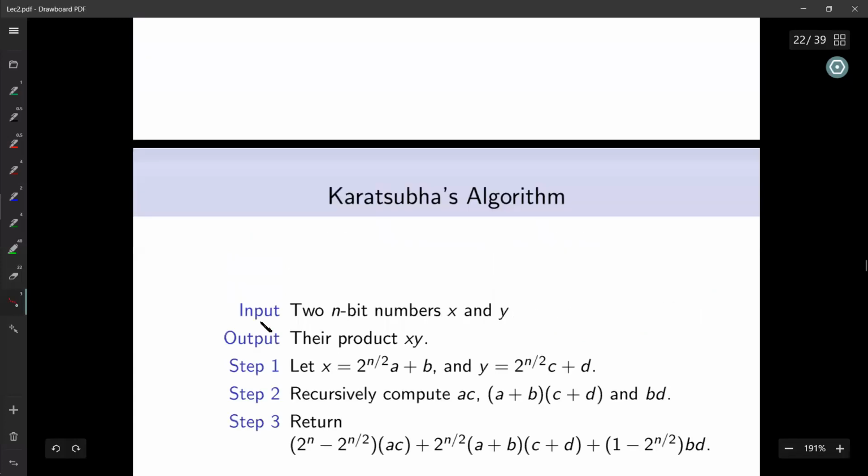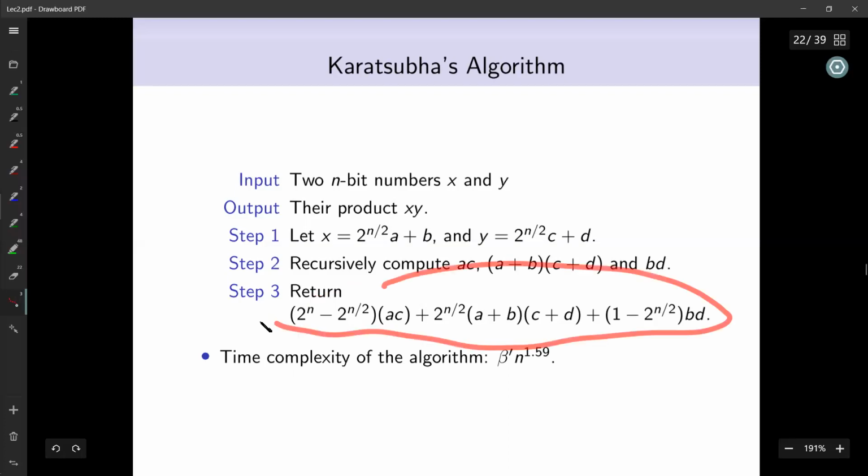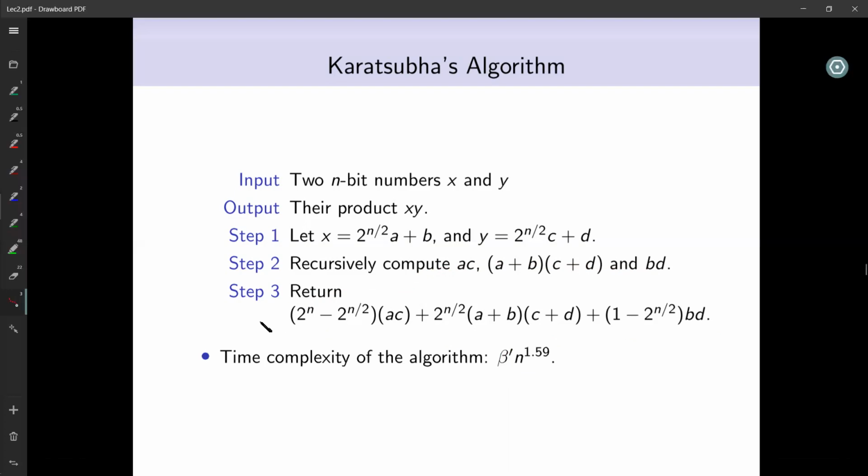So what is the message? This simple idea of dividing the input and then expressing our resulting outcome in terms of this divided input was fairly helpful. It significantly reduced the running time. Now you may ask, is this the best algorithm? No, it is not the best algorithm.